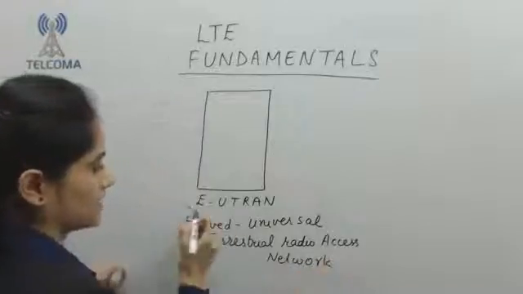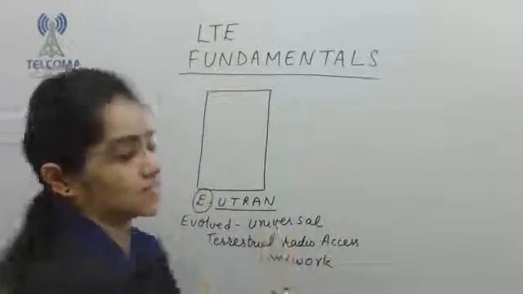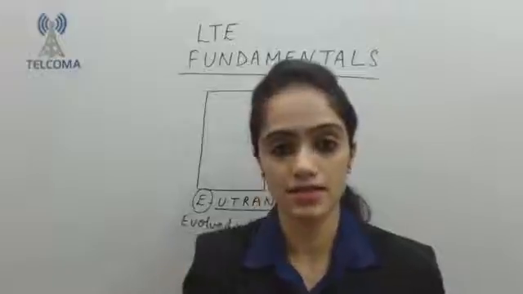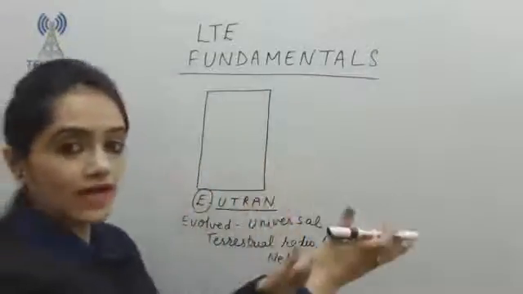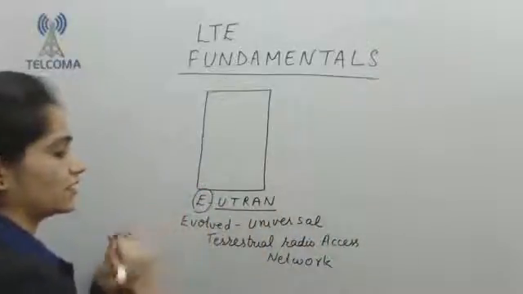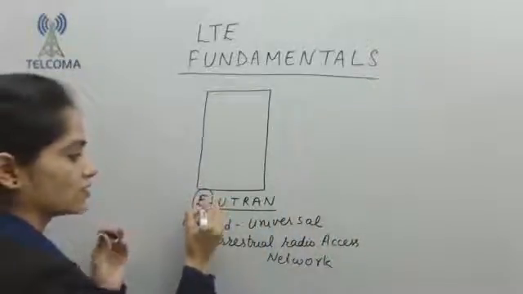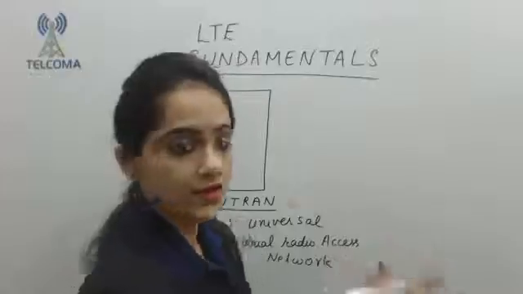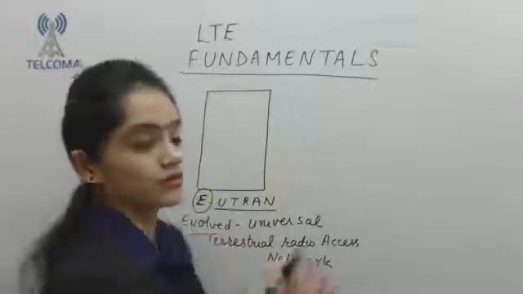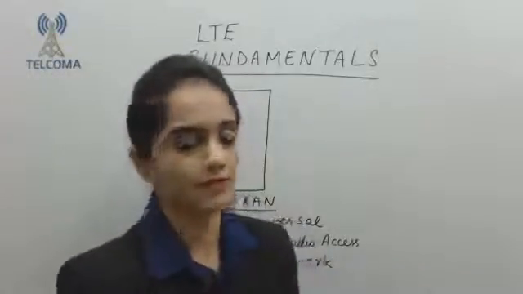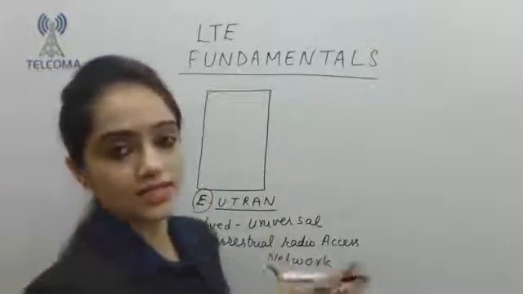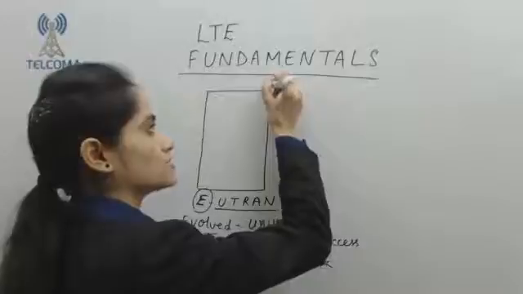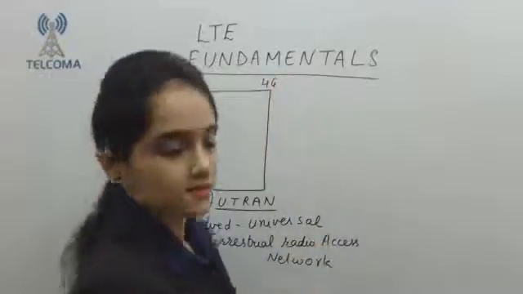UTRAN is there in our 3G cellular systems, but this RAN part is evolved as compared to 3G. That's why evolved. Everything is evolved. So E-UTRAN is the RAN part, or radio access network, of 4G cellular systems.